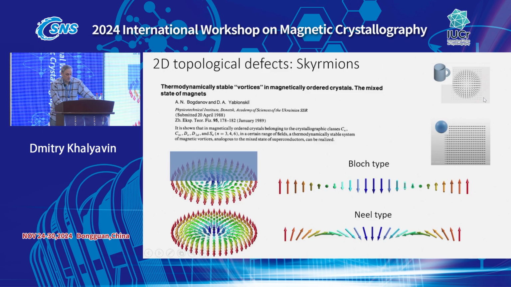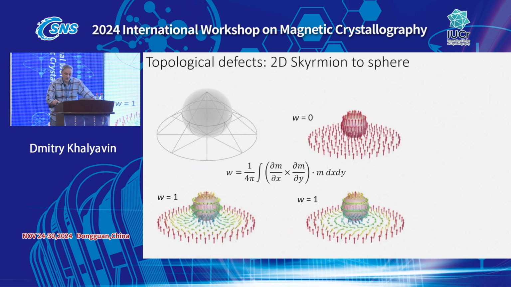And the fact that it's indeed a topological object, we can show by doing exactly the same thing. We can take our stereographic projection and project this two-dimensional flat plane into a sphere. And like that, we can define our topological charge. But in this case, M is simply a unit vector along the magnetization at each point of a sphere.